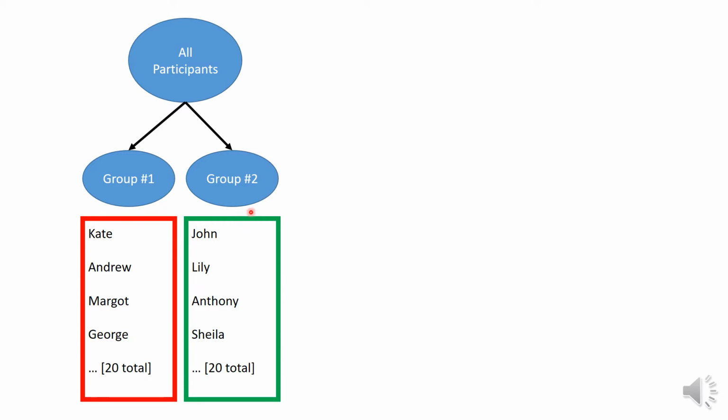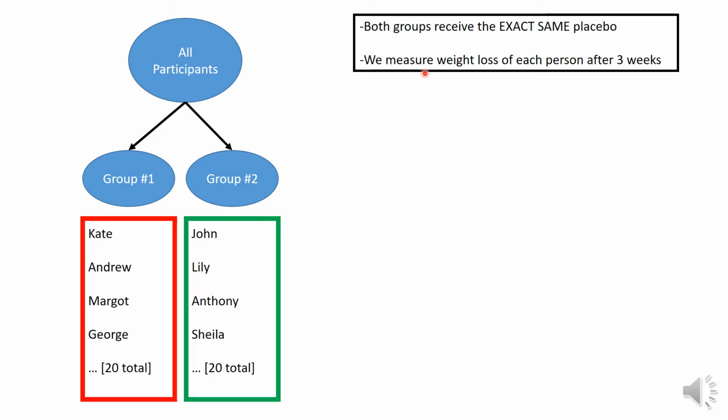Now what I'm about to tell you is going to be a little weird. Don't freak out. Both groups received the exact same placebo sugar pill, the exact same pill. So in other words, I'm not treating Kate, Andrew, Margot any differently than I'm treating John, Lily, and Anthony.